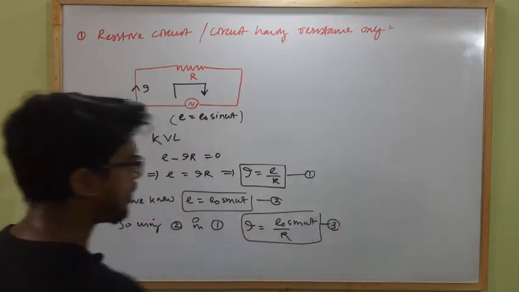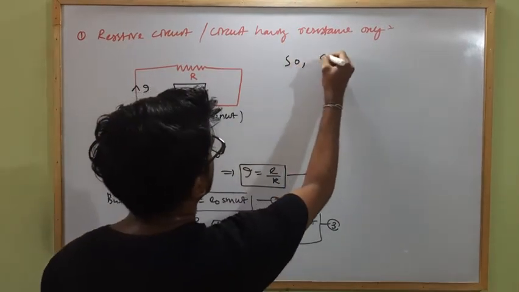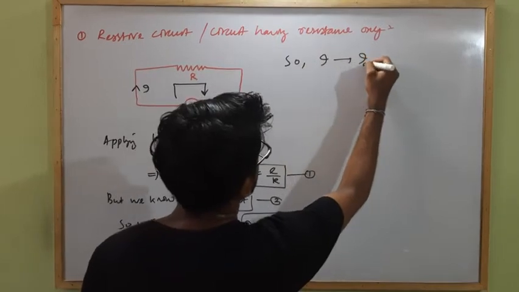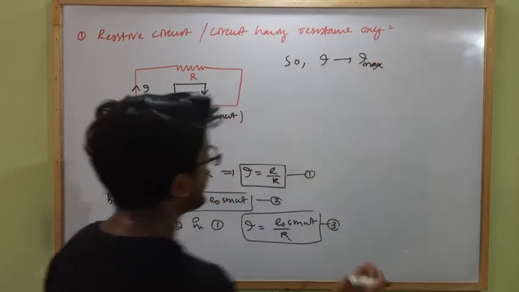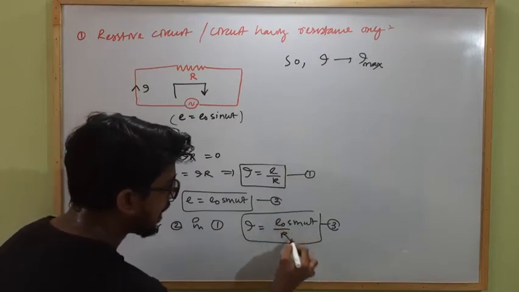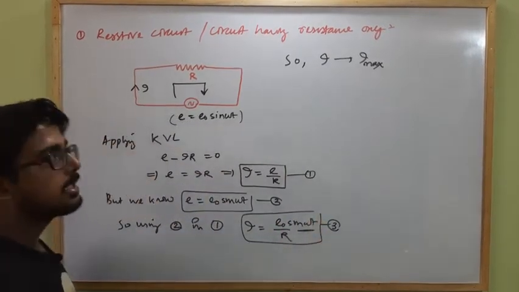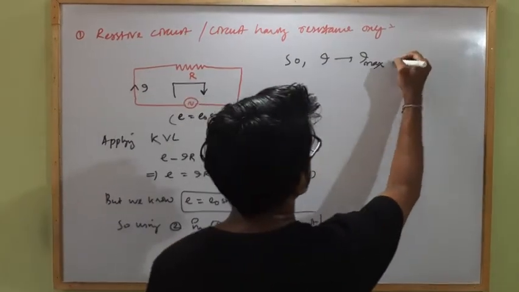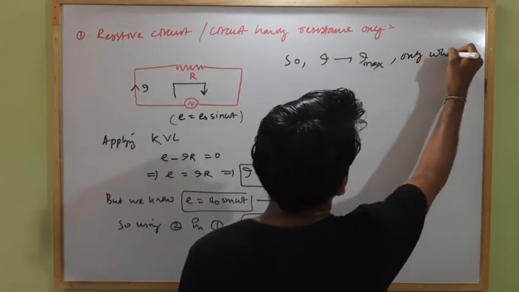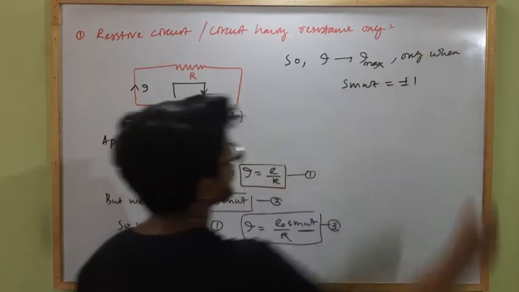Question 3. Clear? So the current I will be maximum, that is I max, only when E naught by R is constant. It's depending upon this factor sin omega t. So I will be I max only when sin omega t is maximum, that is plus or minus 1.